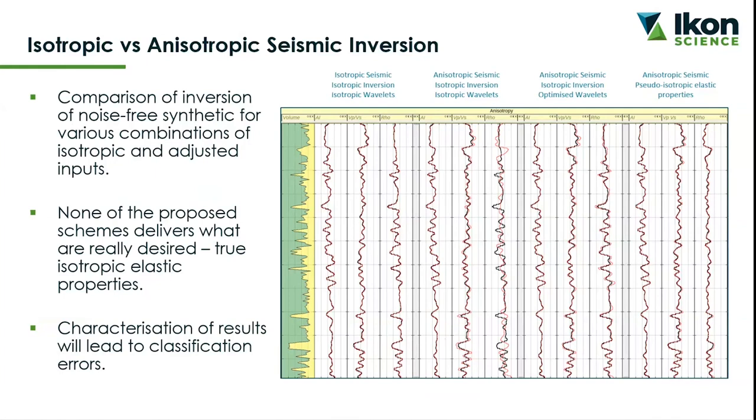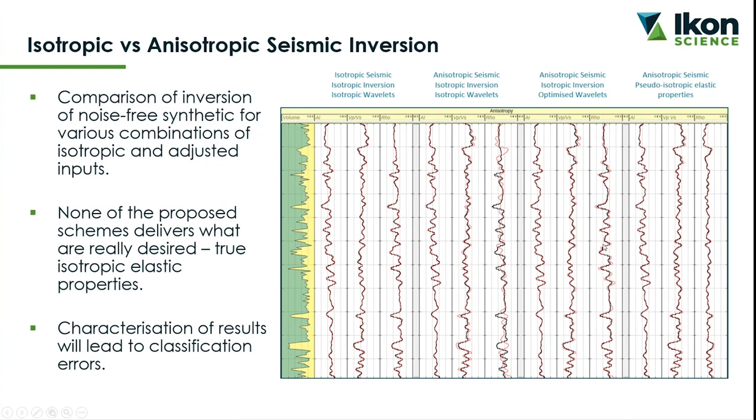And then lastly, anisotropic seismic and pseudo-isotropic elastic properties. So for the isotropic case, we get an almost perfect result, as you would expect. When we invert seismic data using an isotropic inversion and wavelets that have no accounting for the scaling impact, then we see significant overshoot in the VPVS estimates, and we get density results which are almost opposite polarity to what we're after.